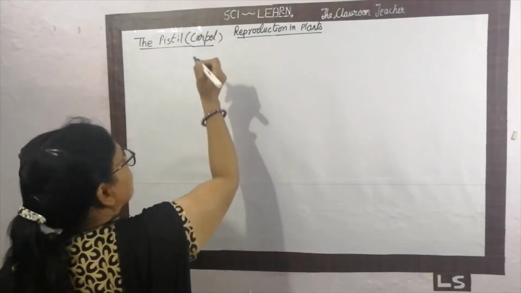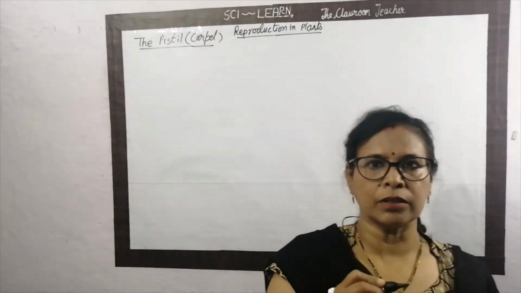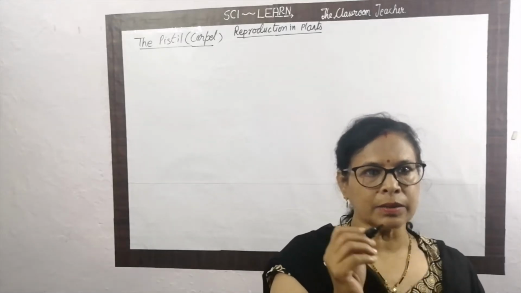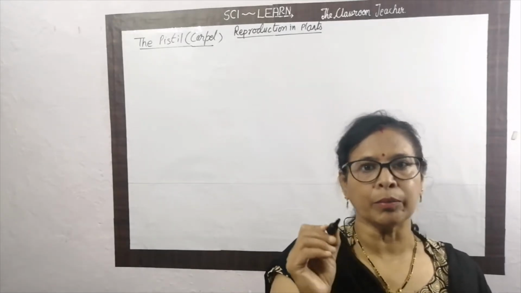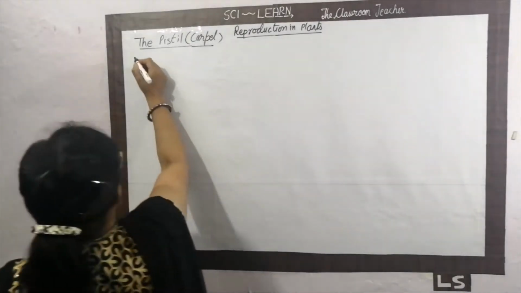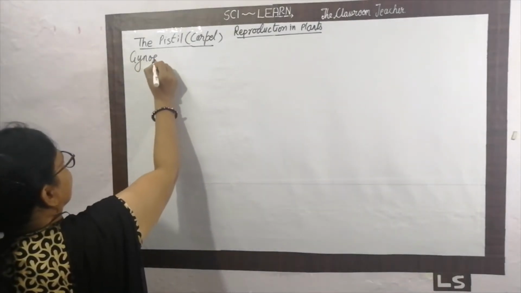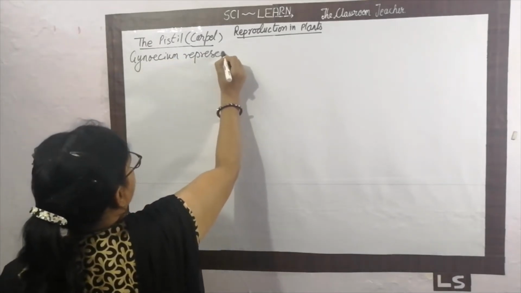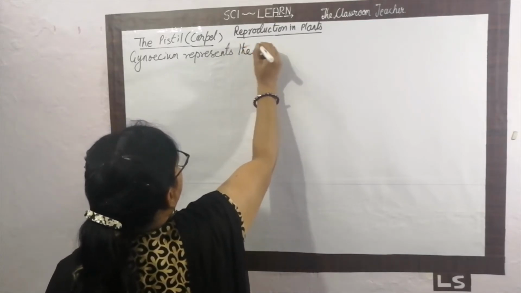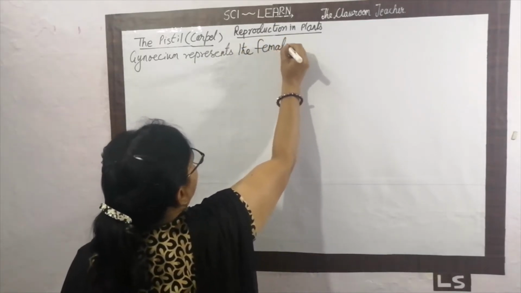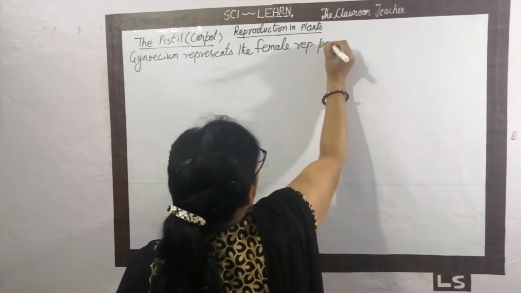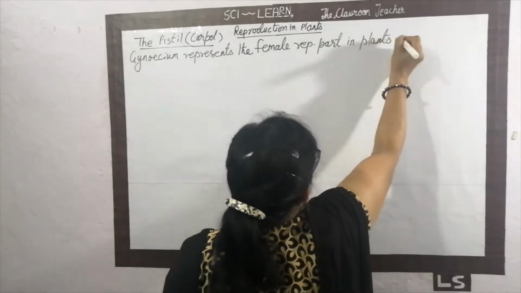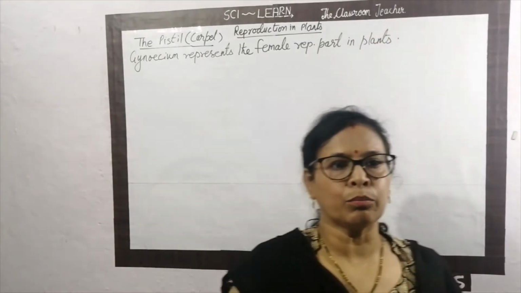As I told you earlier, if it is a singular unit, it is called the pistil or carpel, and if it is a combined unit, it is called the gynoecium. The gynoecium is the part which represents the female reproductive organ in the plant. The gynoecium is a combined unit which is composed of the pistil.